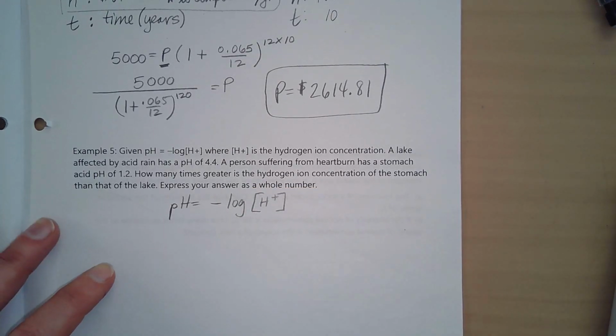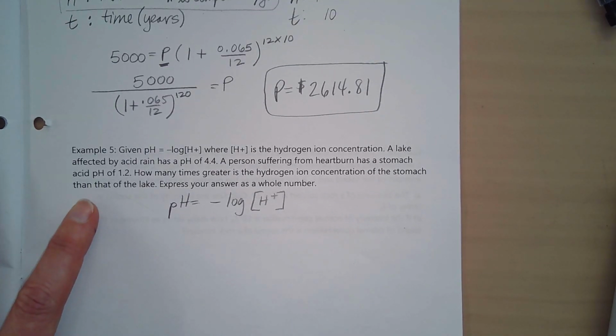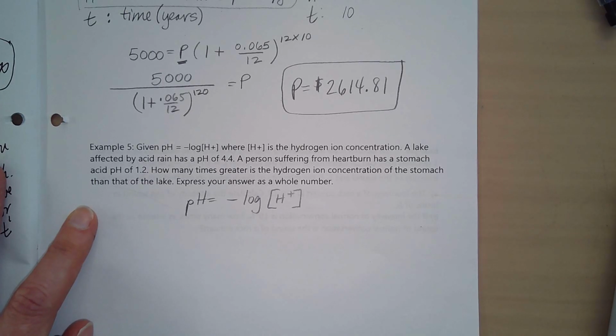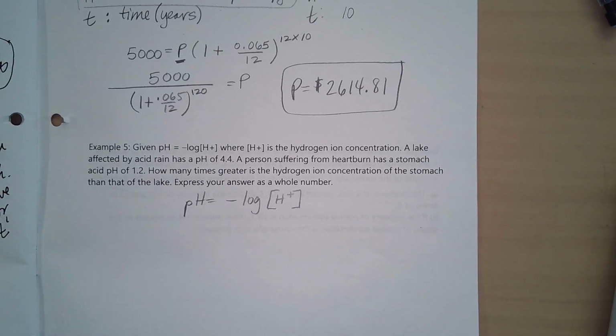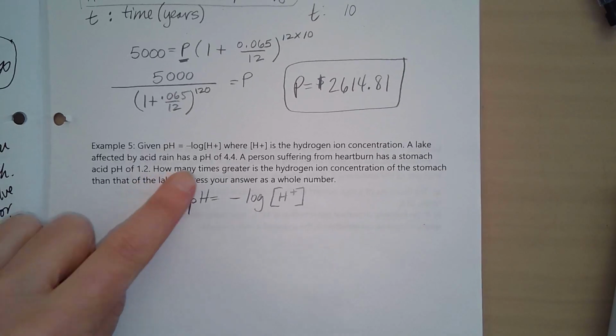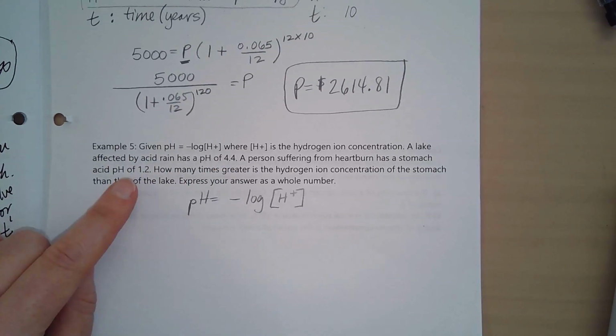Okay. So we've got two substances that we're studying. Acid rain, which is very bad, right? It's because of pollution. So all the chemicals that we use in our soils are sucked up into the atmosphere and then rain down on us. So they say it has a pH of 4.4. And inside our stomach, we have a lot of acid too, right?